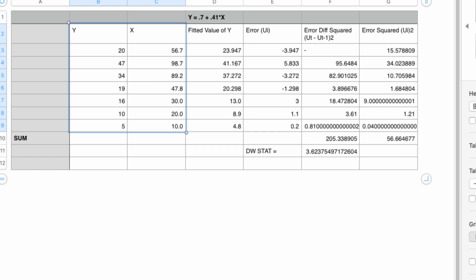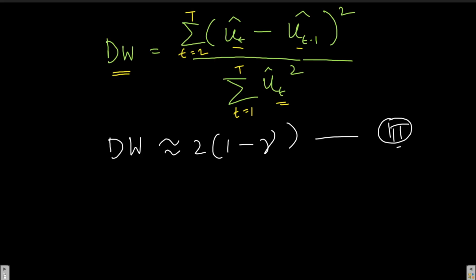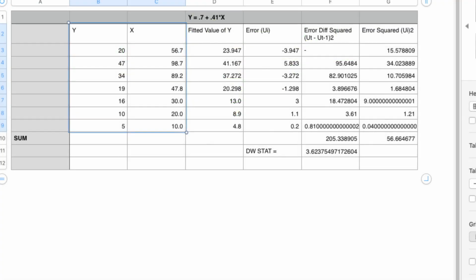Now if we go back to our DW statistic, for the numerator we have to take the difference between subsequent error terms. So I take the difference between minus 3.947 and 5.833, and then I square it. Because both of them have a negative sign, I'm going to get something like 95.64.